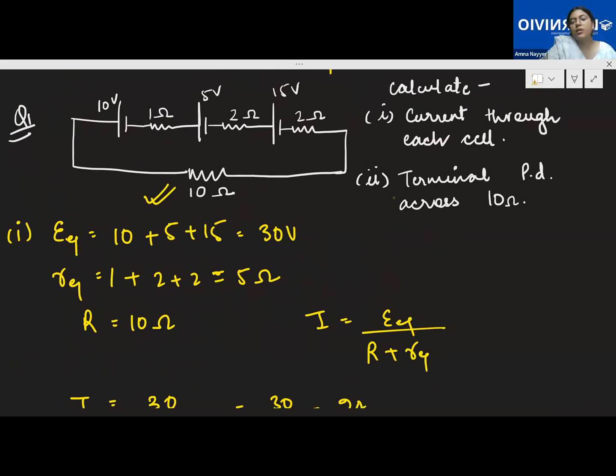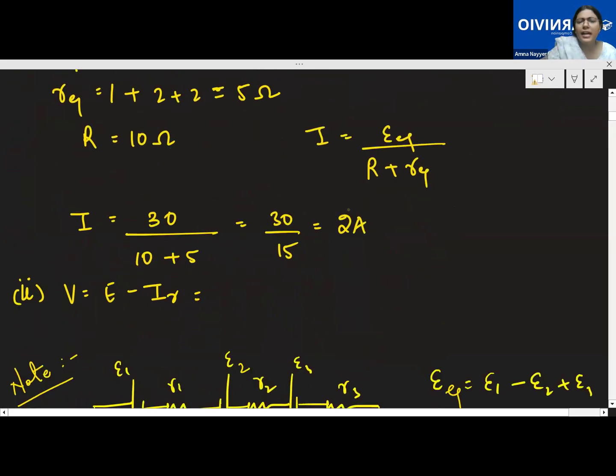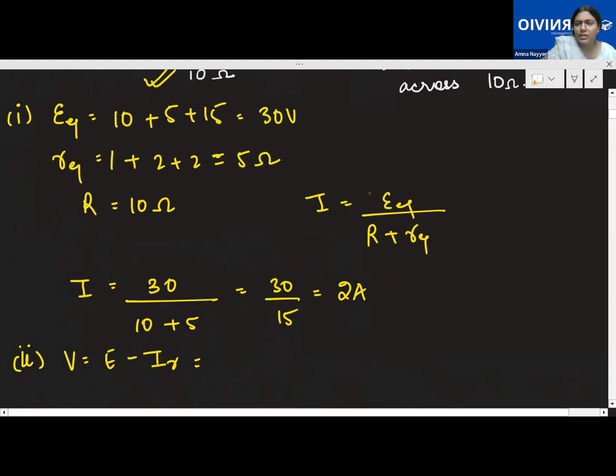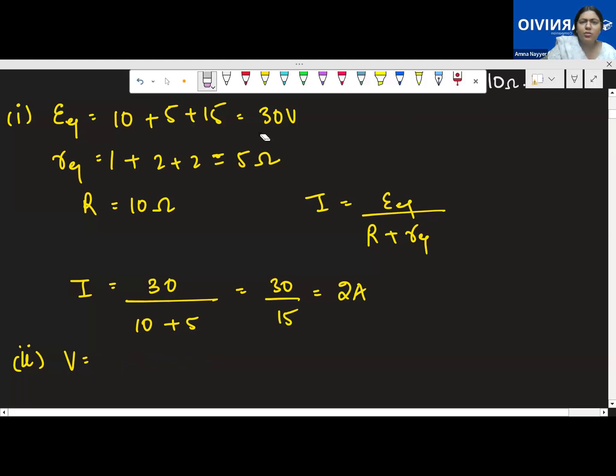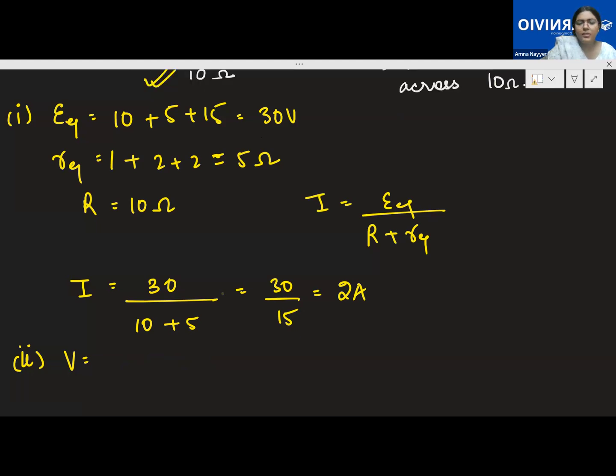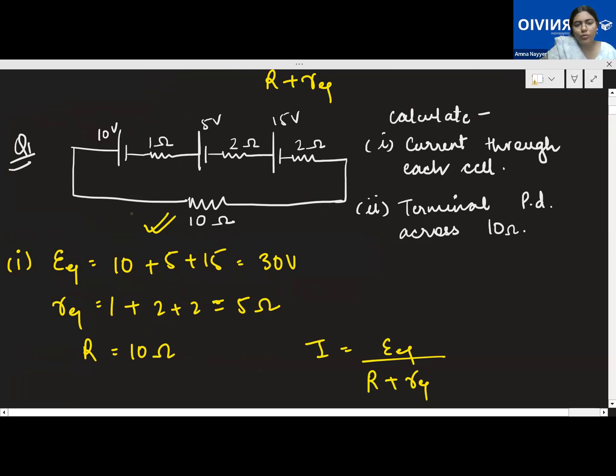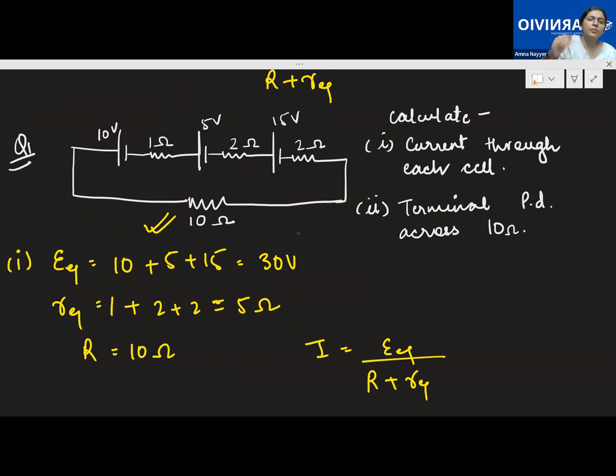Terminal potential difference across the external resistor is simply I into capital R. We have already discussed that terminal potential difference is basically the current across the external resistor. So no need to use the other equation, though that will be lengthy. This will be simply I into capital R. I is 2, R is 10, that is 20 volt. So E equivalent is 30 volt here, and this will be distributed like this, with 20 volt present across the resistor. Fine. Is this question fine?